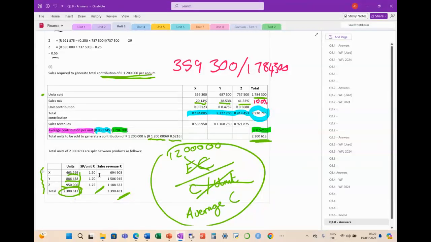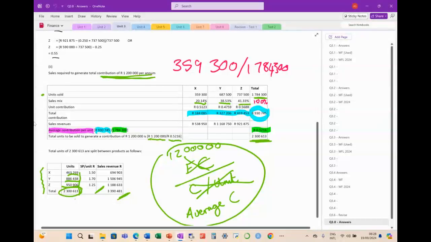So this is the same as saying divided by our fixed costs, okay? But here, we're going to add the contribution of 1.2 million to the fixed costs, which is what we did.